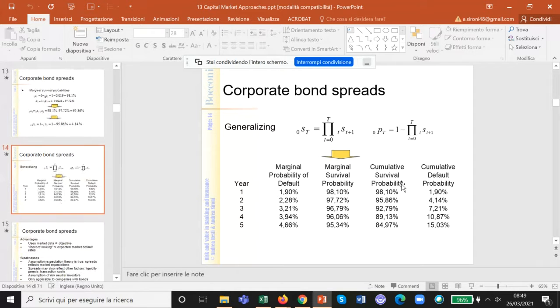Here you have a table that summarizes, based on the data that we saw above, simply the data concerning the spreads between a risk-free rate curve and a risky curve. You can see that from them you can derive probabilities of default, marginal probabilities of default, marginal survival probability, and so on.